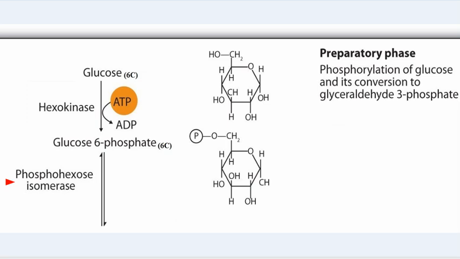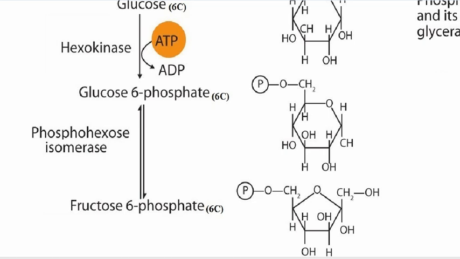Glucose 6-phosphate will be converted into fructose 6-phosphate. Yes, here it is. Glucose 6-phosphate, the enzyme is phosphohexoisomerase. Glucose 6-phosphate is converted into fructose 6-phosphate. This one is glucose. On the 6th carbon, phosphate is there. This one is fructose. This is the first carbon, second, third, fourth, fifth and 6th carbon.